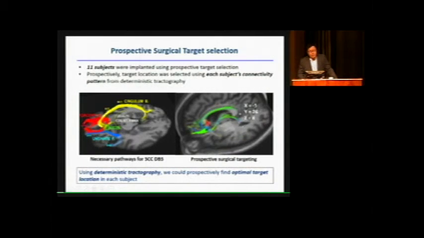Then we give that coordinate to the neurosurgeon, and while they possibly can have an error, they put the electrode at the exact same location as here. As you see, our template and what we get from the deterministic tractography match pretty well. So using deterministic tractography, we could prospectively find the optimal target location in each subject.